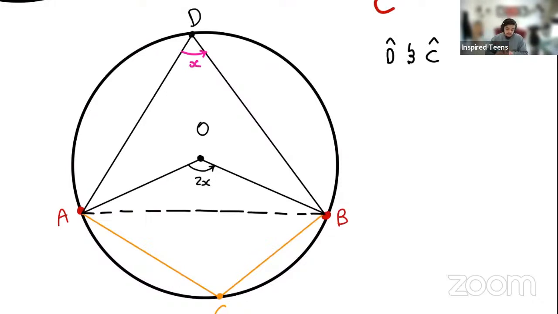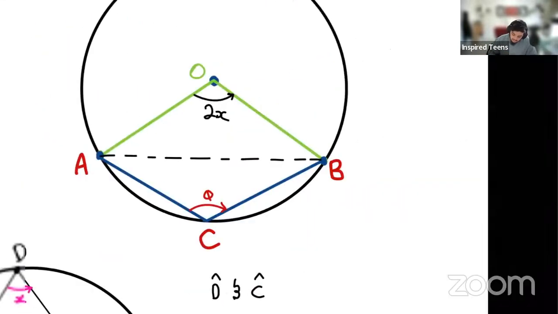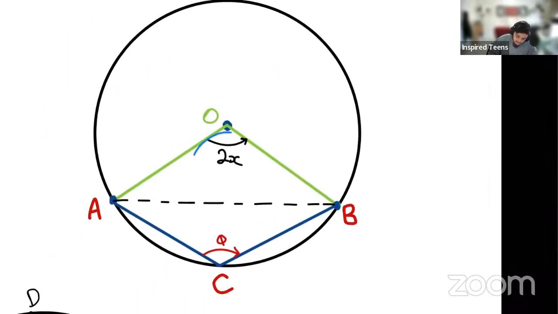Now, how do we determine C? C is easy to determine. How we actually work it is instead of using this angle, we use the reflex angle at O, which is this angle here. The reflex angle is actually going to be the center angle for this angle here.